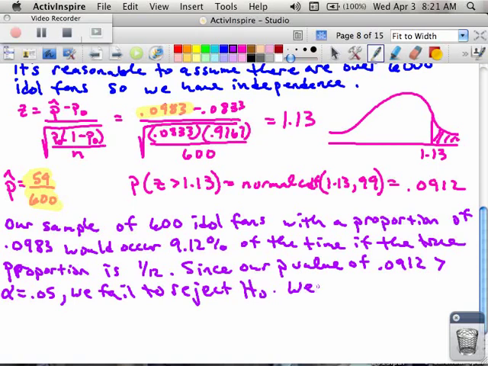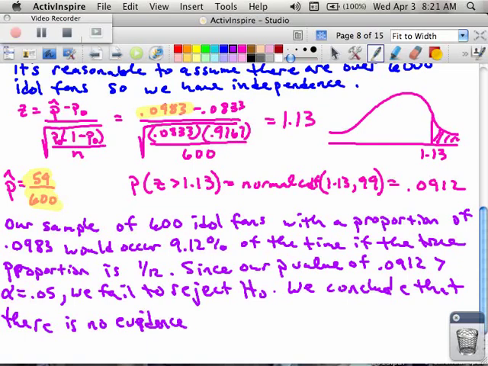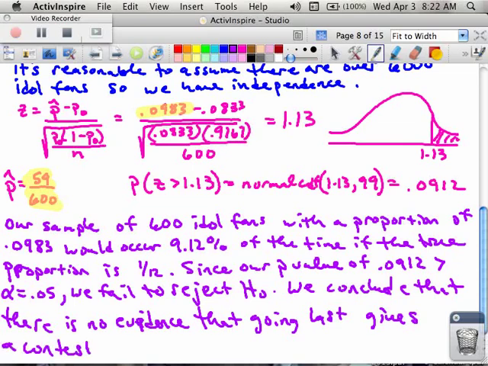We conclude that there is no evidence that going last gives a contestant an advantage.